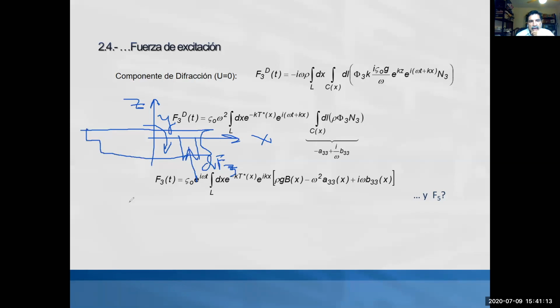So F5, the moment that generates a pitch, is simply minus the integral of X times F3, the force per unit length times dx. And force per unit length is all of this.